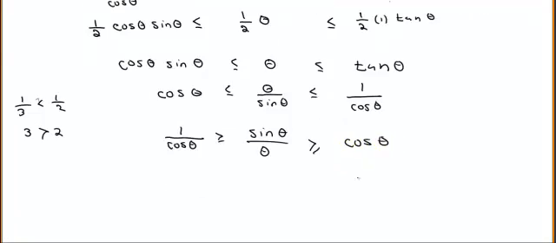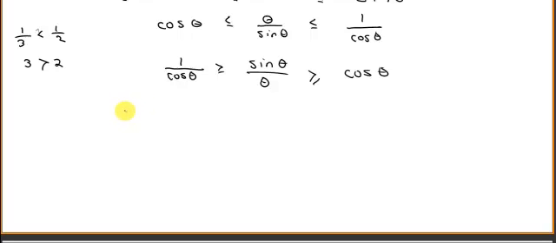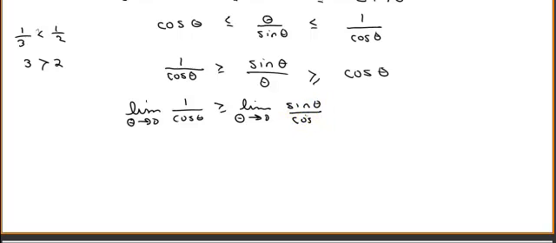Now let's take the limit of all three parts as theta goes to 0. The limit as theta goes to 0 of 1 over cosine of theta is greater than or equal to the limit as theta goes to 0 of sine of theta over theta, is greater than or equal to the limit as theta goes to 0 of cosine of theta.